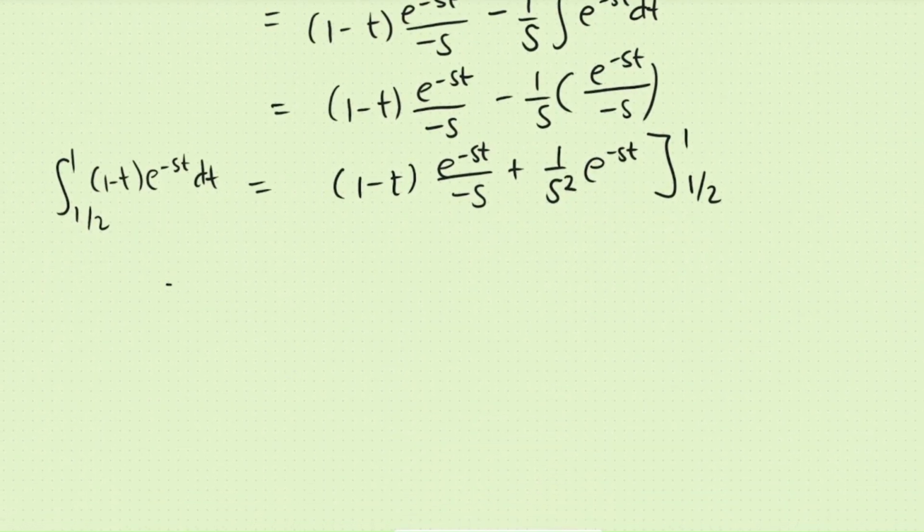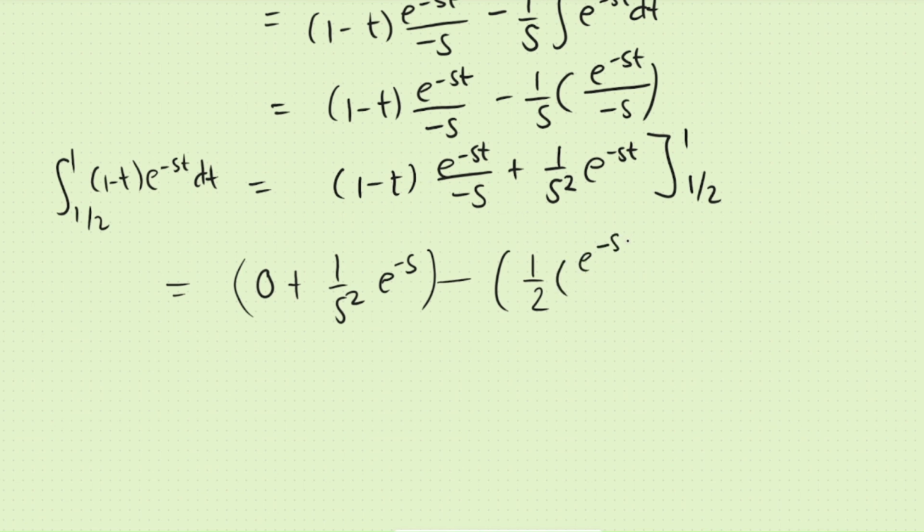So if t is equal to 1, this part here, 1 minus 1, will become 0. So that's just 0, 1 over s squared, e to the negative s times 1, which is e to the negative s. Minus, if t is 1/2, 1 minus t would be 1/2. Easy peasy, right? 1 minus 1/2 is 1/2. E to the negative s times 1/2 is e to the negative s over 2, over negative s, plus 1 over s squared e to the negative s over 2.